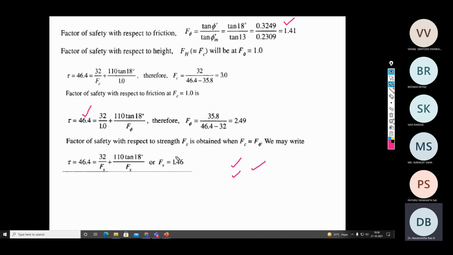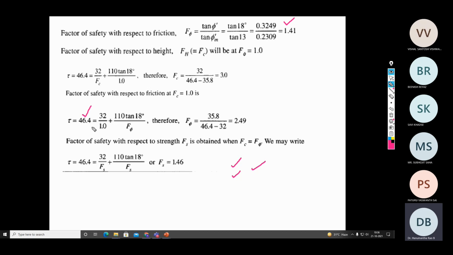Then the last part is the factor of safety with respect to strength, F s, which is obtained when F c is equal to F phi. So here F s is equal to F c is equal to F phi.